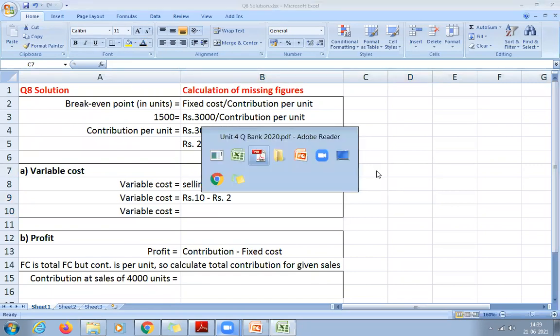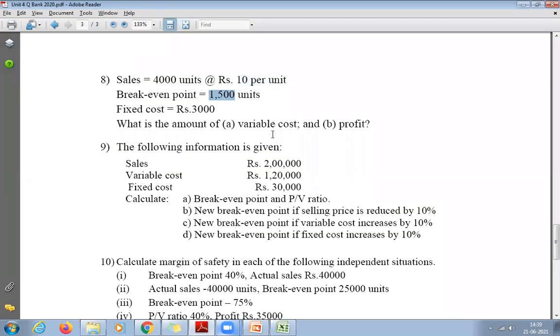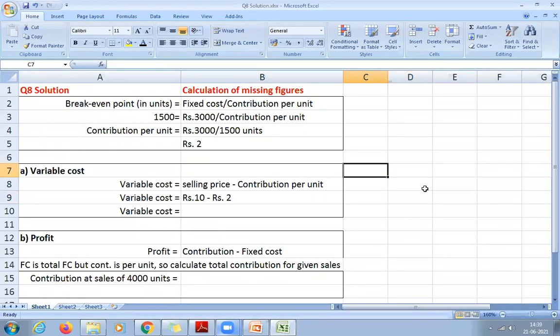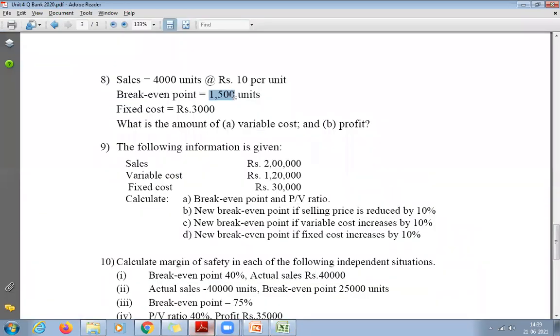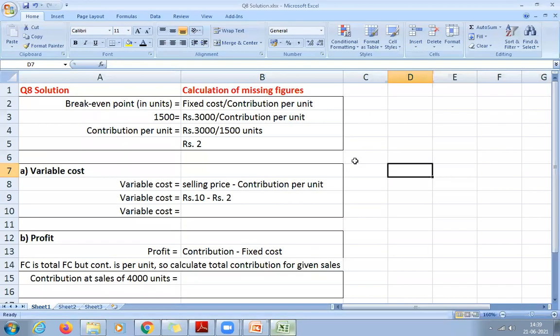It is 1,500 only, as given in the question, 1,500 units. So the variable cost is 8 per unit.